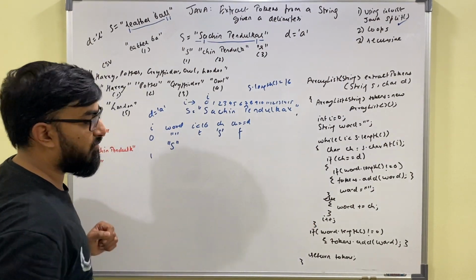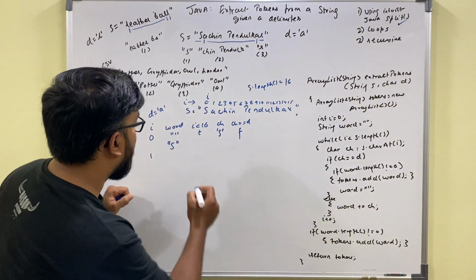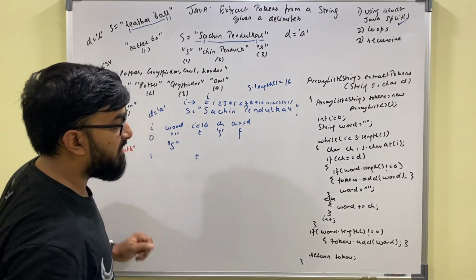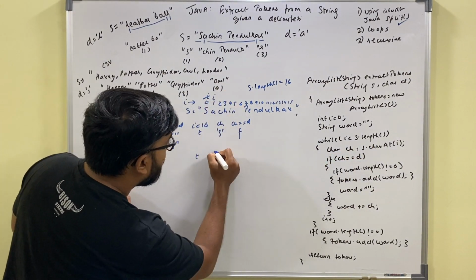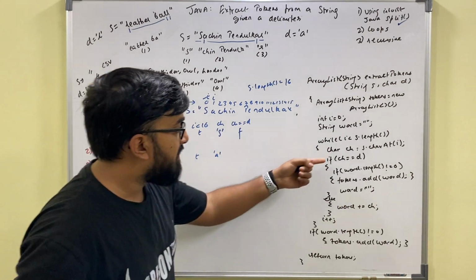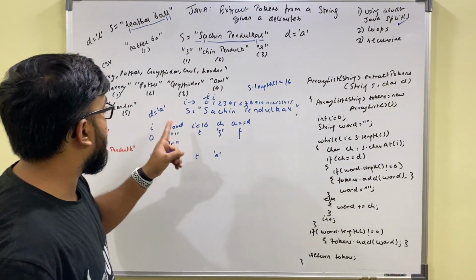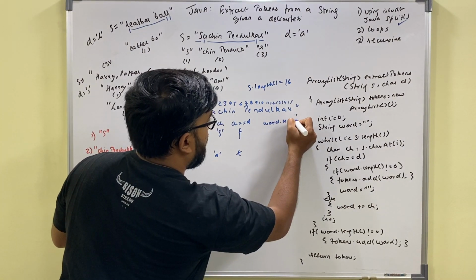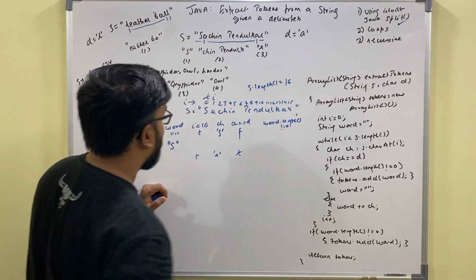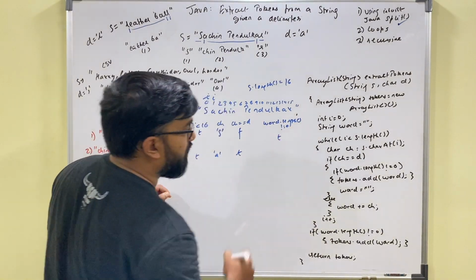i becomes 1. We go back to check the while loop condition. 1 is less than 16 is true. ch is s dot charAt(i), ch becomes lowercase a. ch equal to d is true. Word dot length not equal to 0 is true.